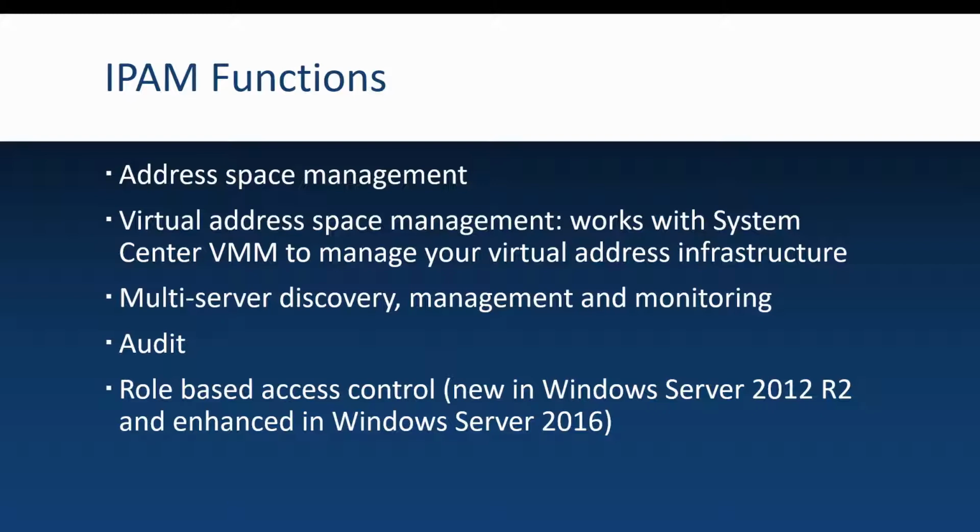The last point is actually very important, especially for bigger companies. It's role-based access control, and this is a new feature in Windows Server 2012, which has been enhanced in Windows Server 2016. With role-based access control, you can grant really granular roles to different users or groups on different parts of your IPAM infrastructure.